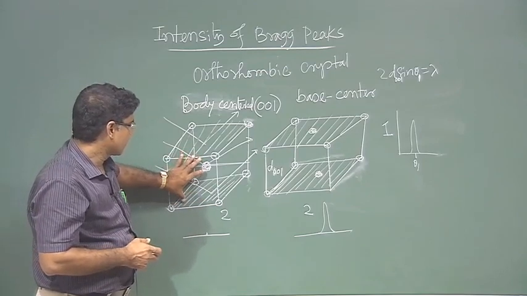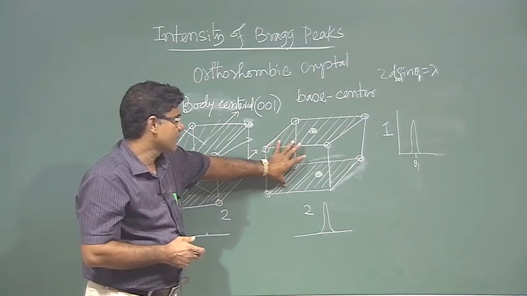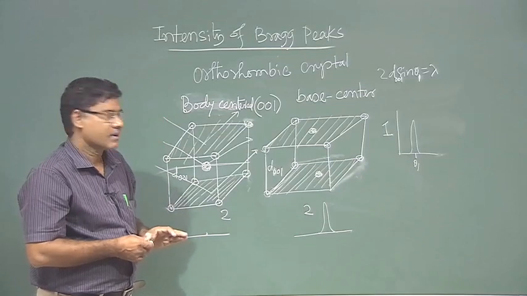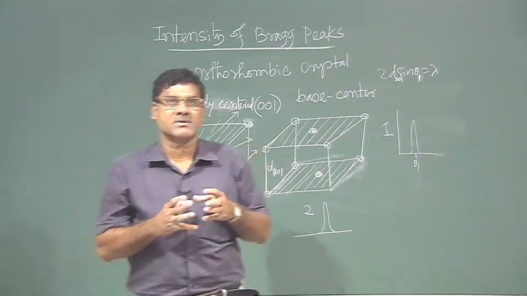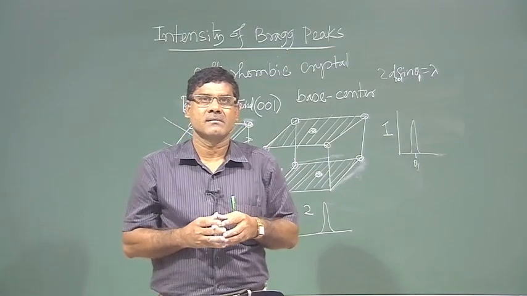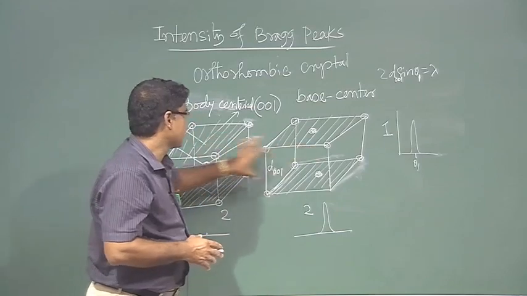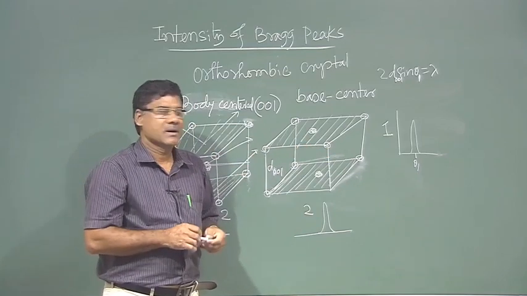That is fine, but for the same plane, intensity also varies because of the distribution of lattice points or atoms in the unit cell itself. So, here and here the difference is the distribution of lattice points.